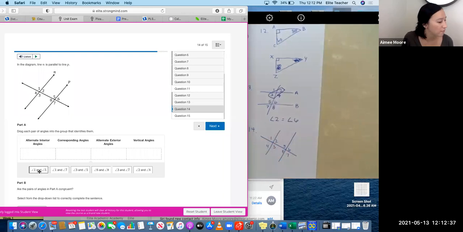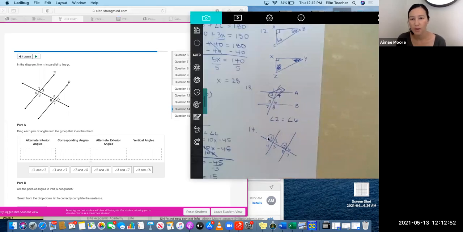So 1 and 5. So we have angle 1 and angle 5. Are those alternate interior, corresponding, alternate exterior, or vertical? So 1 and 5, these two.